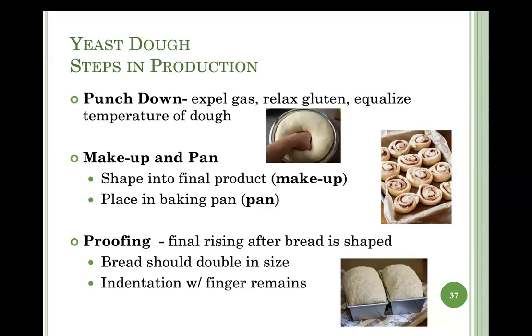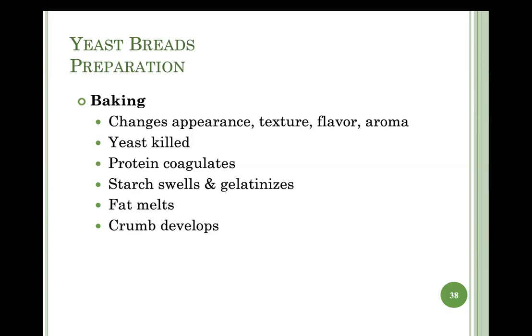Then we typically would do a final proofing stage, proofing it a second time. Because we had a limited amount of time in class, we didn't do this, but it does make for a tastier, more tender product.